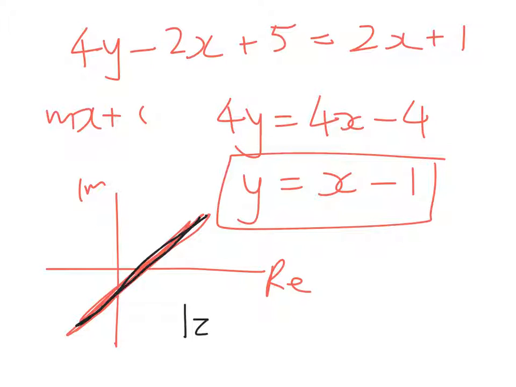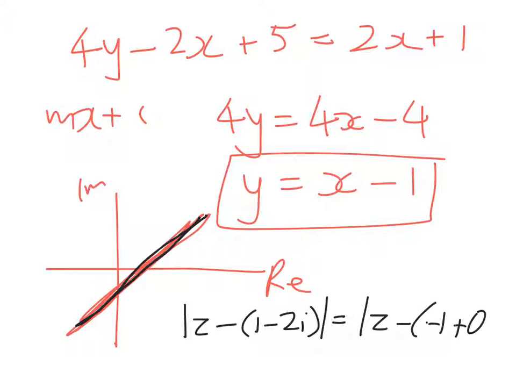So let's rewrite our condition and have a look at it. So |z - 1 - 2i|. On this side we've got |z - (-1 + 0i)|. So I think looking at it like that makes it a bit more obvious what we're doing.